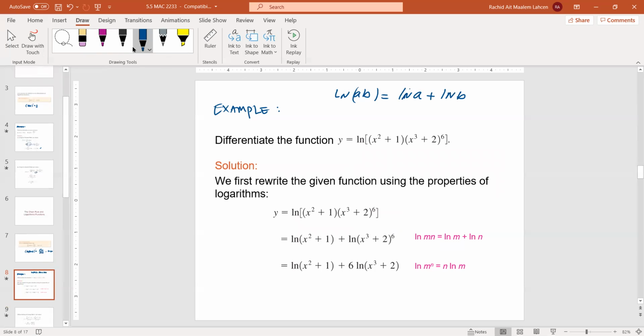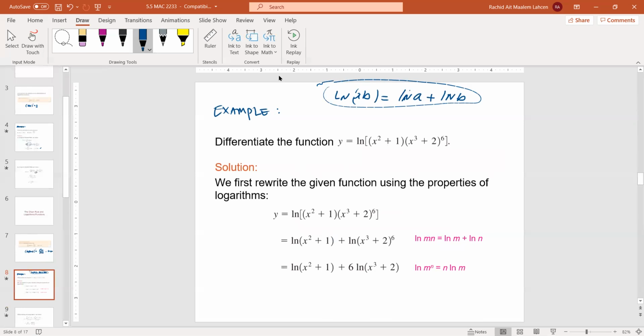So you can do that, right? Let's see if we can make it nicer. If not, then we leave it as it is.